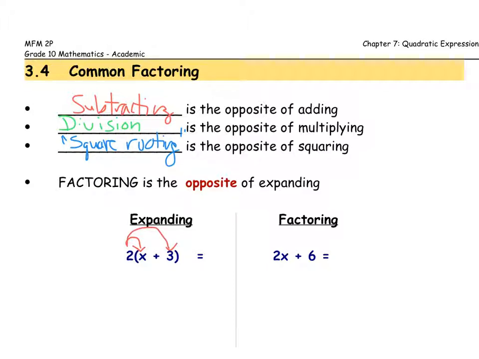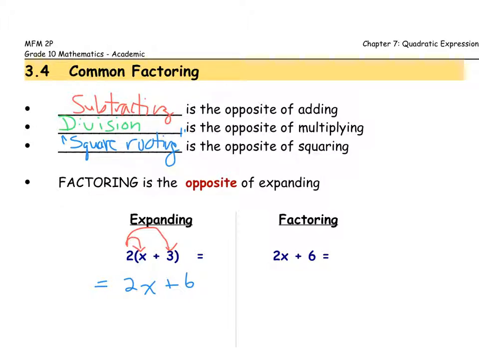And that would give me, of course, 2x plus 6. Now, if I were factoring, what I would essentially be doing is undoing the expansion that I just did. So over here on the right-hand side, I'm going to factor, and what that really means is to undo the expansion. So how do I do that?